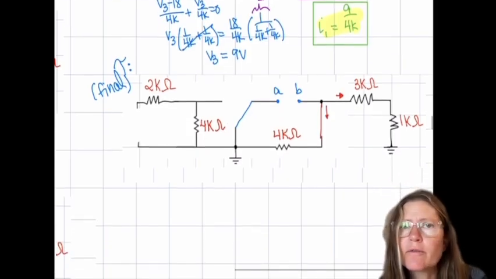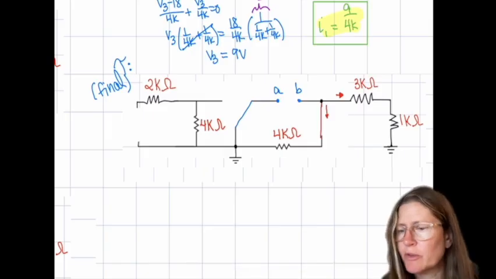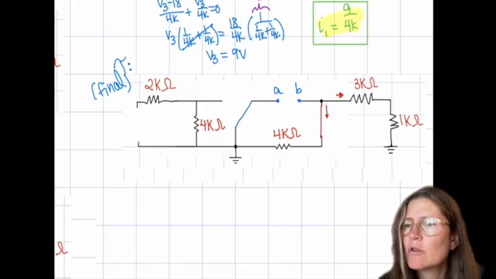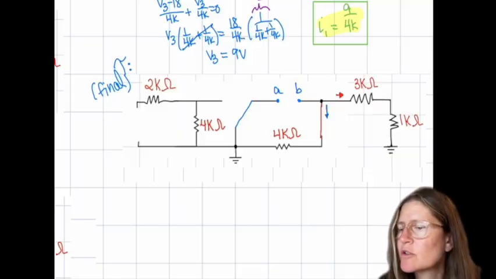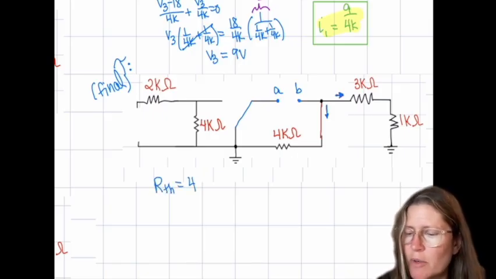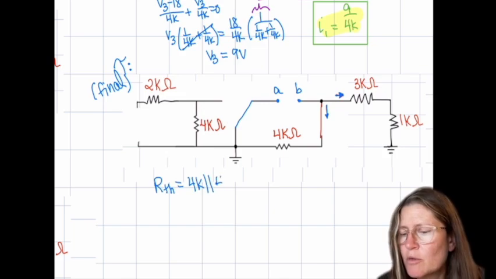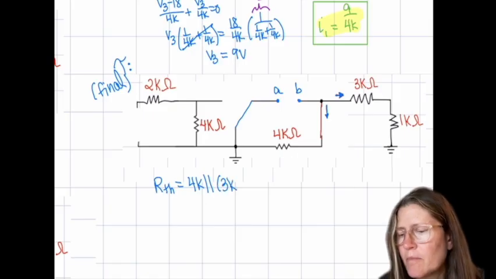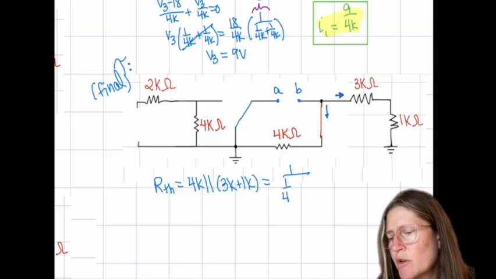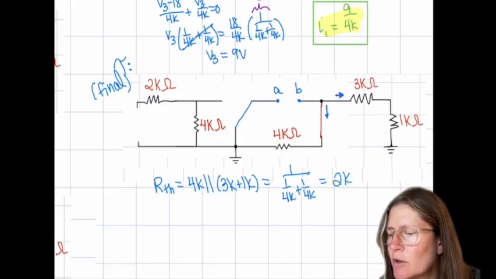So I have 4K in parallel with that 3 plus 1. So my RTH is going to be 4K in parallel with 3K plus 1, to give me 1 over 4K plus 1 over 4K, which ends up being that 2 kilo ohm.